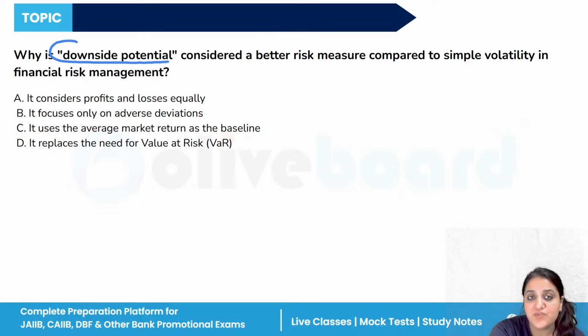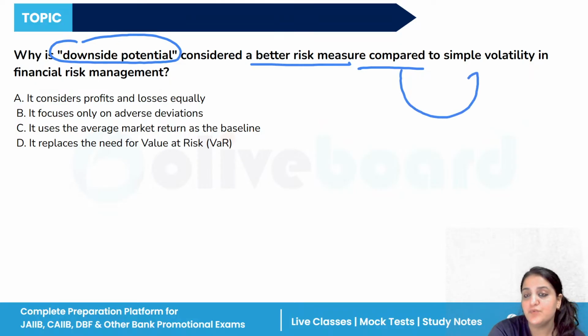Why is downside potential considered a better risk measure compared to simple volatility in financial risk management?